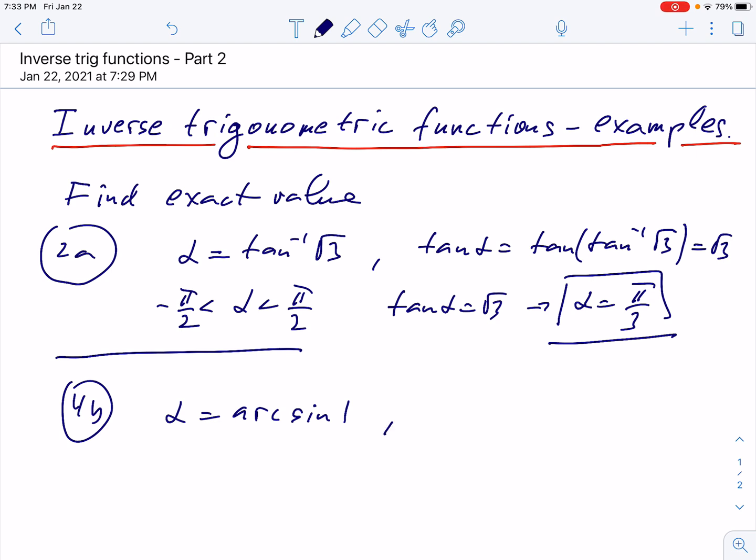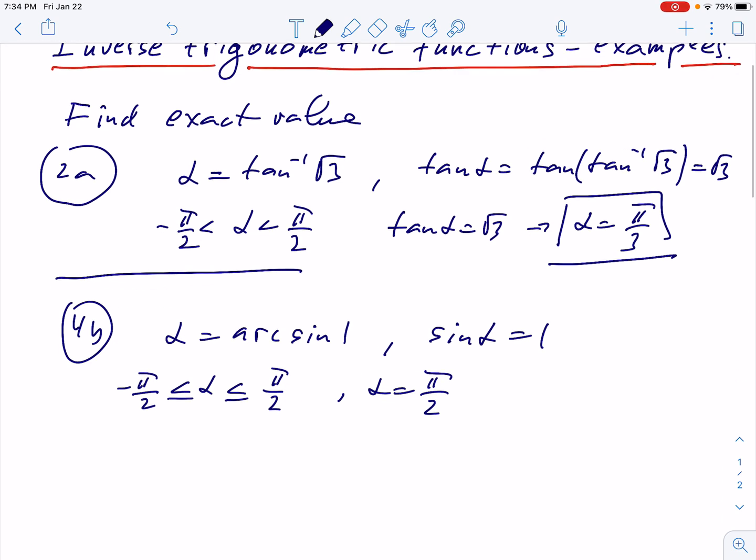So we have sine alpha will be sine arc sine alpha will be 1, and alpha will be between negative pi over 2, greater or equal, and here less or equal pi over 2, closed interval, the range of the arc sine. And again, we had to answer the question, for what angle in this interval the sine is 1? And there is only one such angle, and this is pi over 2. And that's it. This is our short answer.